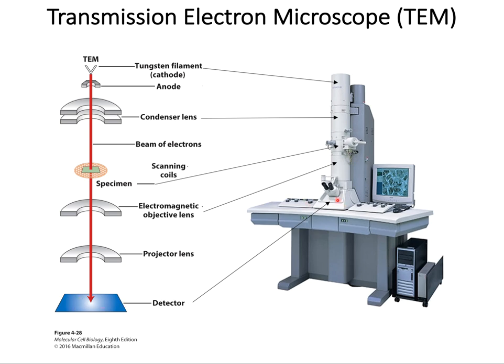So the detector is a phosphor screen, and it lights up if an electron hits it, just like an old box TV. You can directly visualize the phosphor screen with a binocular eyepiece, as shown in the figure. There is also a camera under the phosphor screen, which captures the image and projects into the monitor as well.